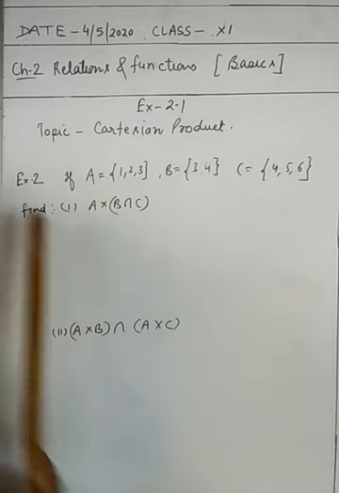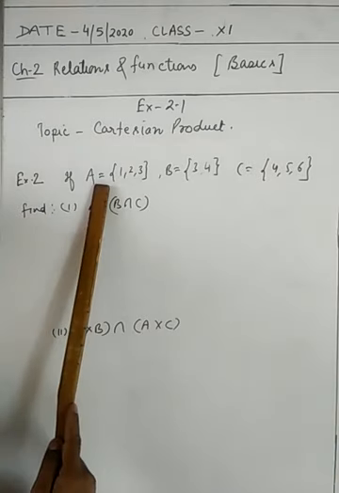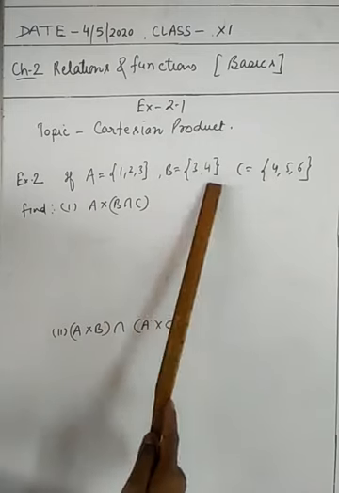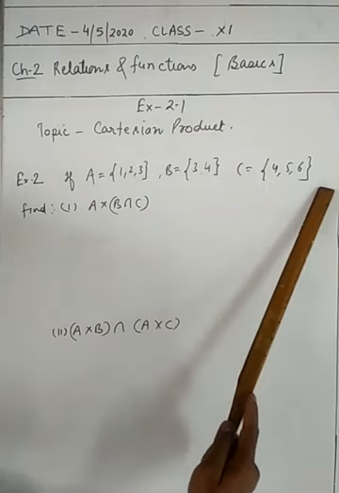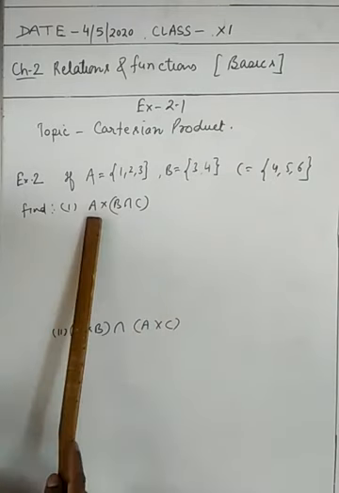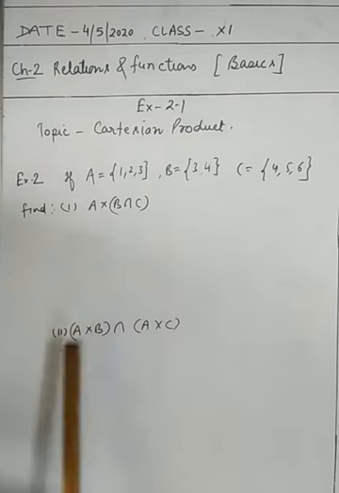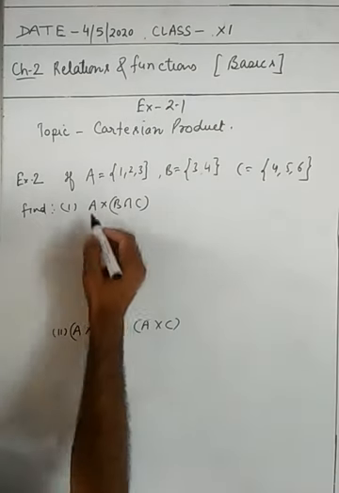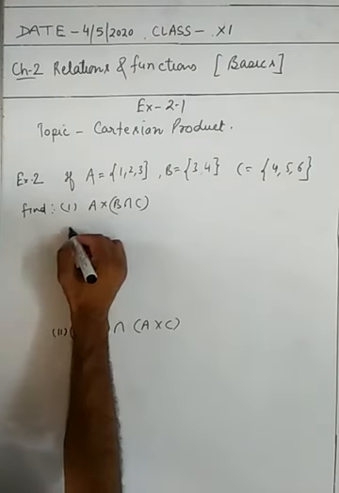Taking one more example, if set A has elements 1, 2, 3, set B has elements 3, 4, and set C has elements 4, 5, 6, then find first A cross (B intersection C), second (A cross B) intersection (A cross C). So first part, A cross (B intersection C).